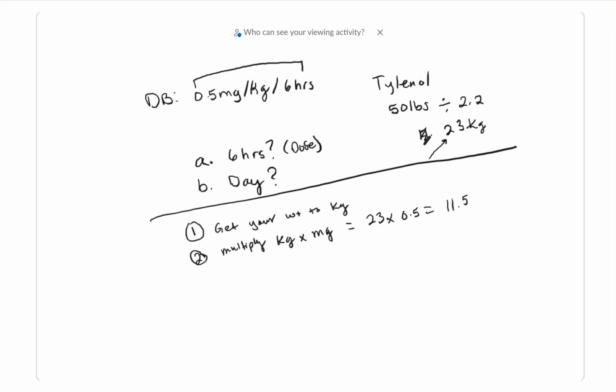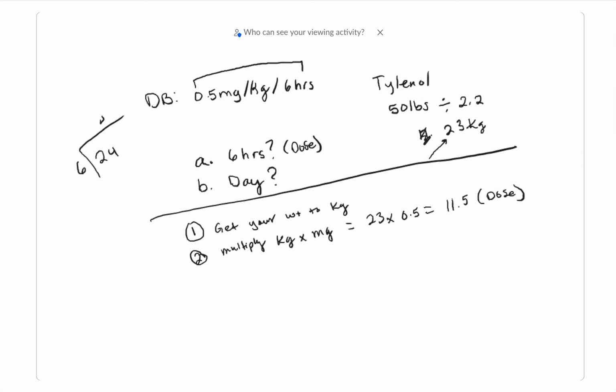So 11.5. That's how much you can give every dose, every 6 hours. Now I'm asking you, how many can you give in a day? How many hours in a day? 24. How often can you give a medication if you're giving it every 6 hours? 4.